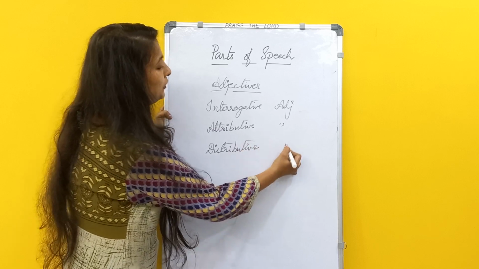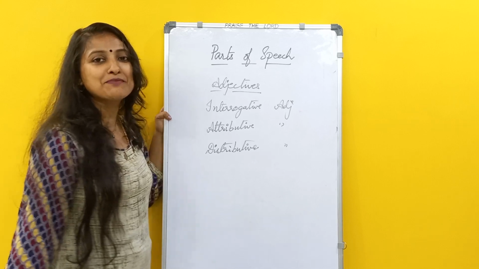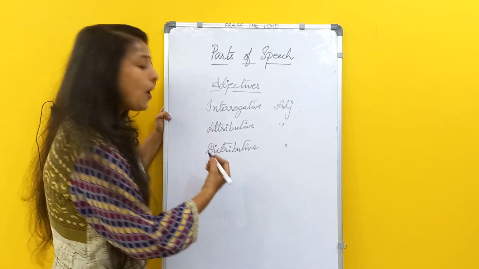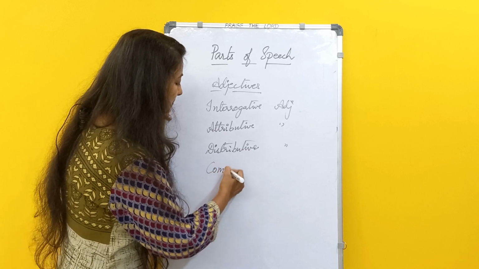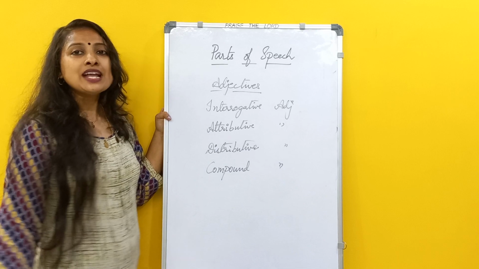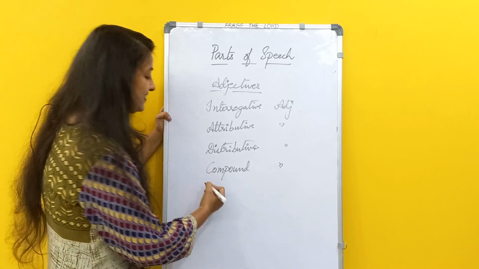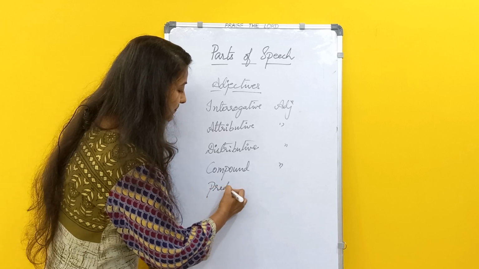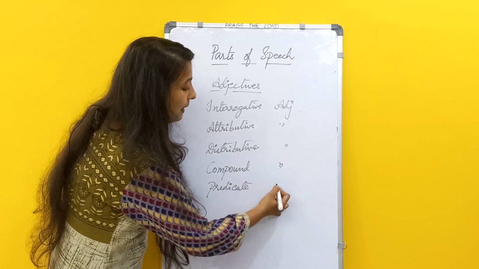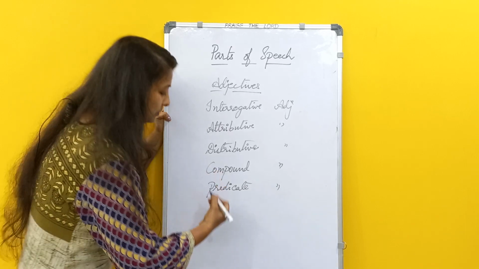how many of you know all these kinds of adjectives, nouns, verbs and pronouns? And compound adjectives. And predicate adjectives, comparative, this I think you know.